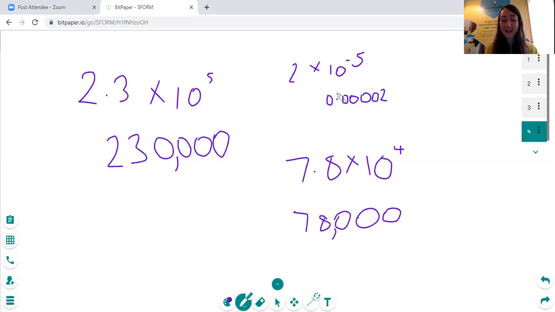Okay, so again, same thing here. We're going 1, 2, 3, 4, 5. And so our number as an ordinary number is 0.00002.